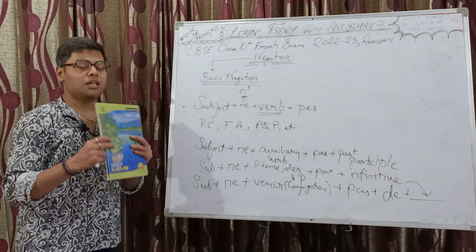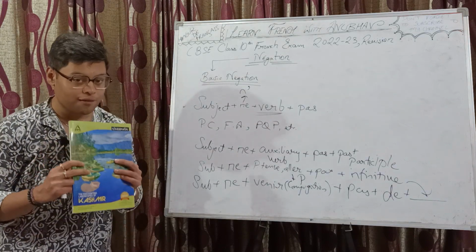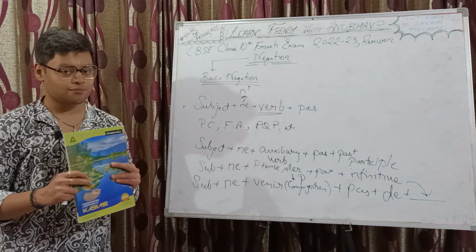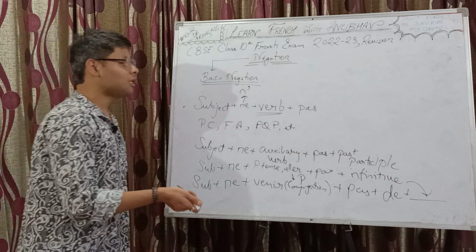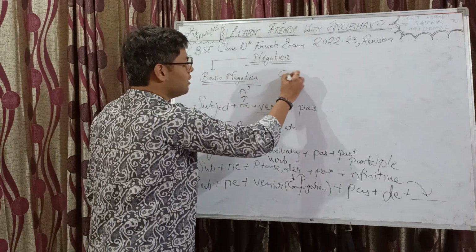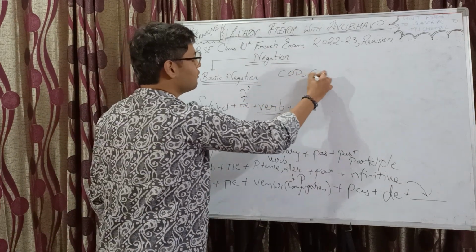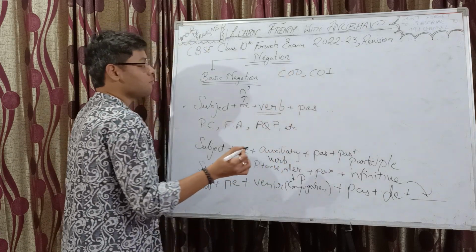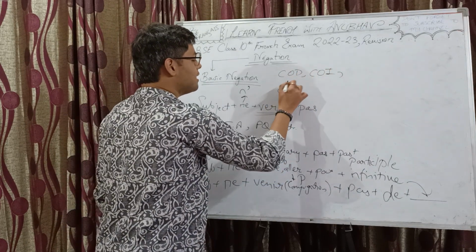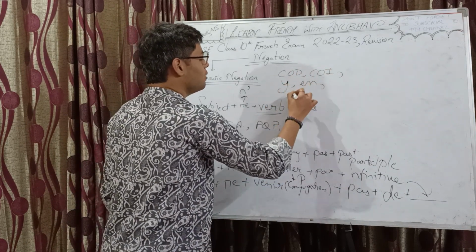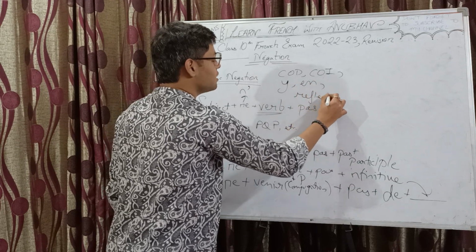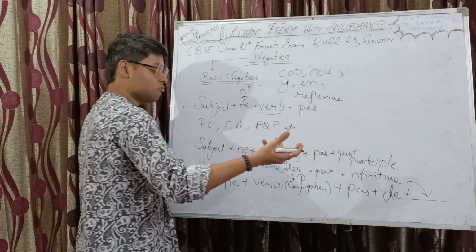What if there are pronouns as well? Then what to do? Now which pronouns can we get? We can get complément d'objet direct, complément d'objet indirect, y, en, and reflexive pronouns, in the case of pronominal verbs and in general as well.